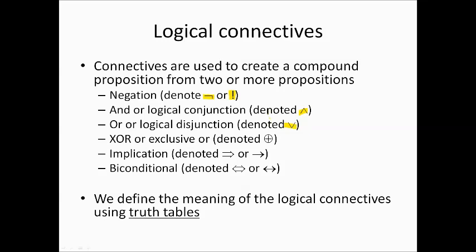For the XOR, or the exclusive or, we are using this symbol, class. For the implication, we use this arrow, or this one. Either of the two is acceptable. And then the biconditional is denoted by this symbol or this one. Okay? So please remember the given symbols for the logical connectives, because we are going to use this later on.